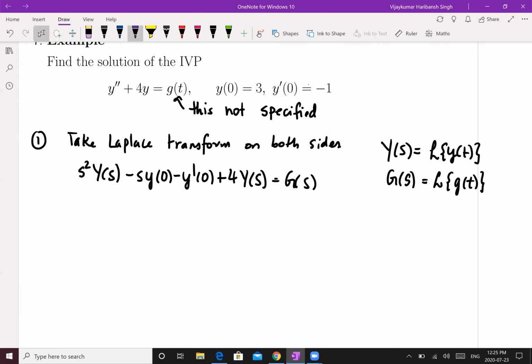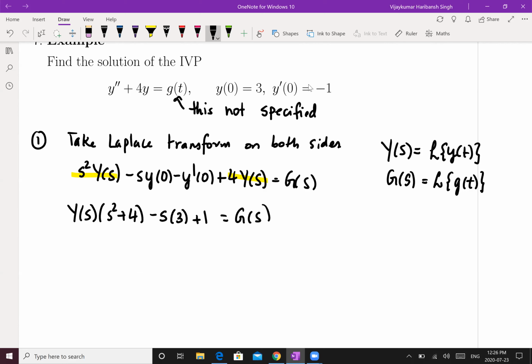From these two terms, I can take y of s common. So what is left: y of s times (s square plus 4) minus s times y of 0. What is y of 0? y of 0 is 3. So 3s minus y prime of 0. So that would be 1, equals g of s.